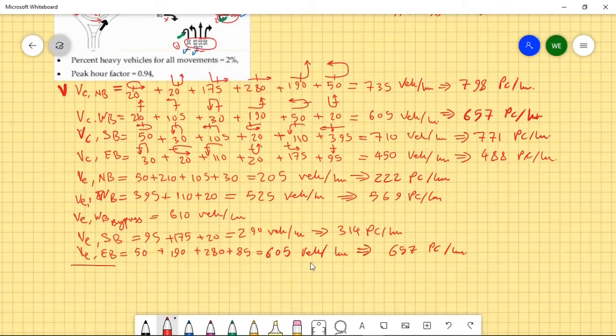So now we calculated the circulating volume, or conflicting volume, and the entering volume. Okay, let's move on to the next step.